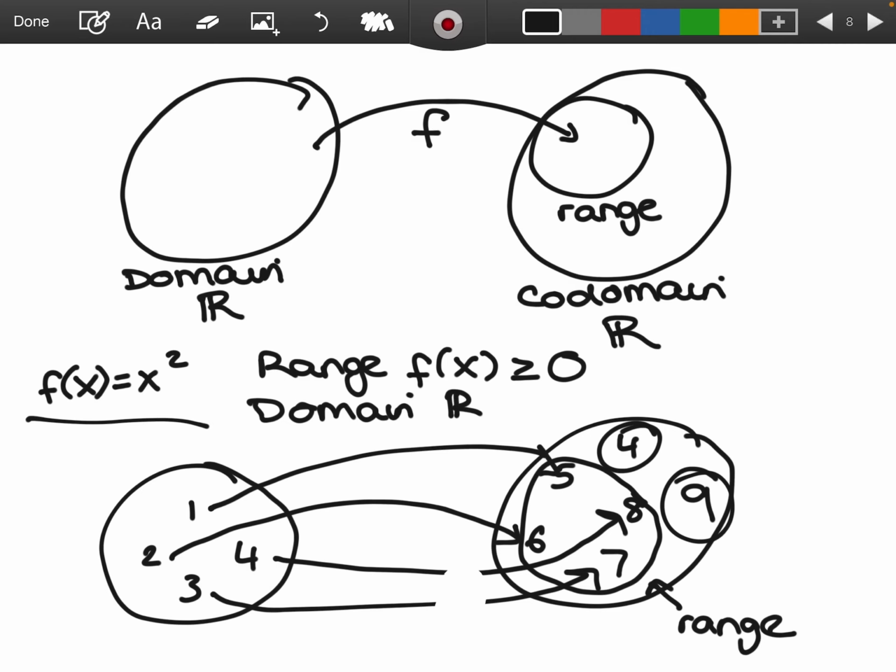So the codomain is the largest set that you're mapping into. The range is just the subset of that, of terms that actually get mapped to, that have a certain term in your domain that gets mapped to it.